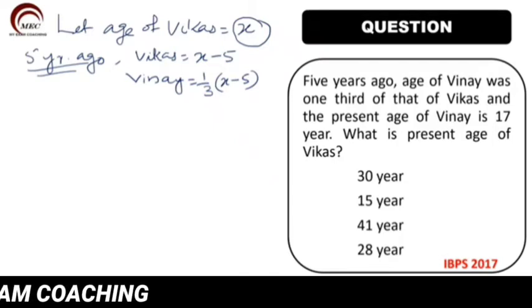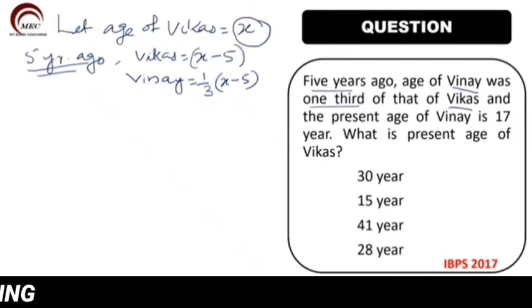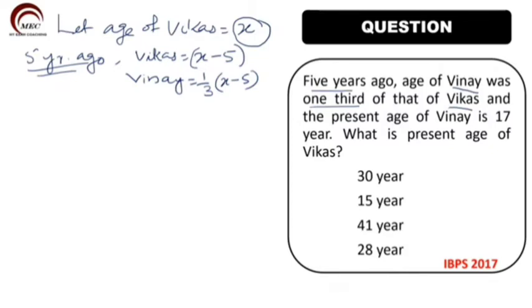And what is the condition given? Vinay was 1/3 of that of Vikas 5 years ago. So 5 years ago, Vikas was X minus 5, and 1/3 of X minus 5 is the age of Vinay 5 years ago. And the present age of Vinay is 17.